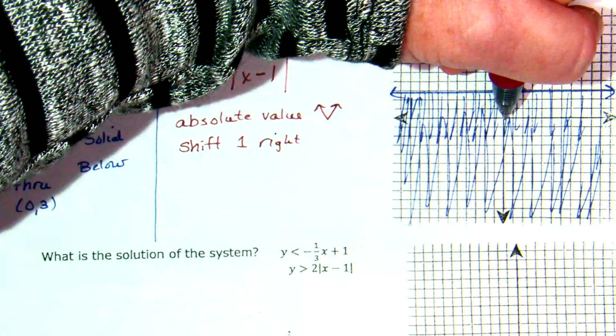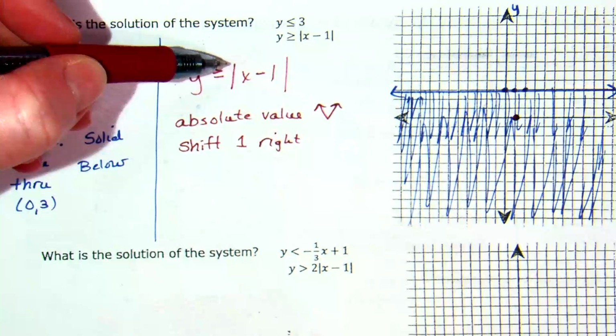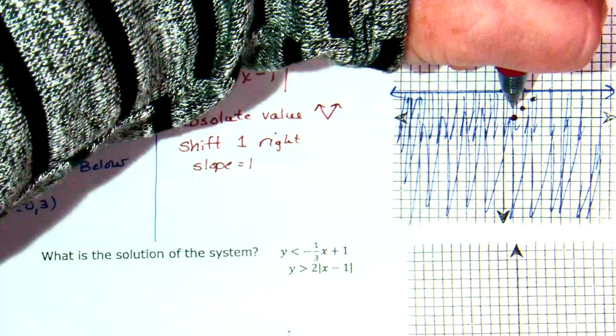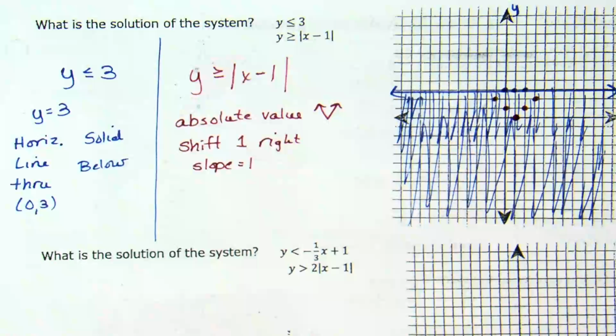With a solid line. There's no other number out front of my absolute value other than the invisible 1, so you could call it a slope of 1. So up 1, over 1. Rise 1, run 1. You can do this on both sides. The left side just goes the negative direction.